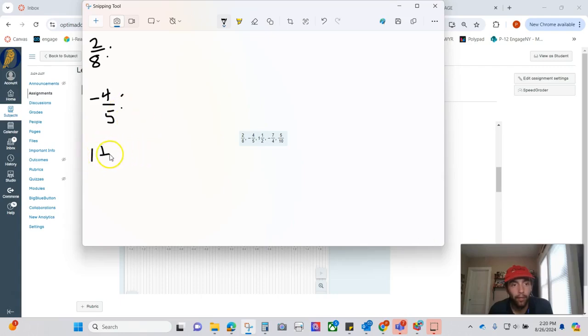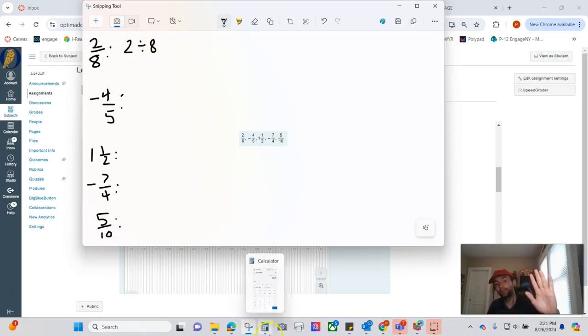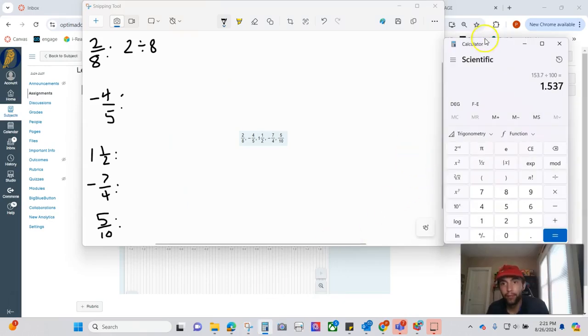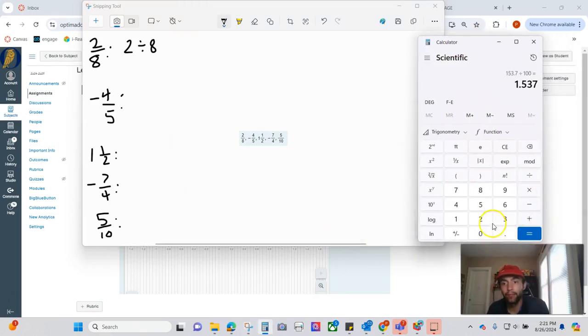We'll write these out. So for this first fraction, that would be top number divided by bottom number. So like 2 divided by 8, not 8 divided by 2. 2 divided by 8 is different than 8 divided by 2.